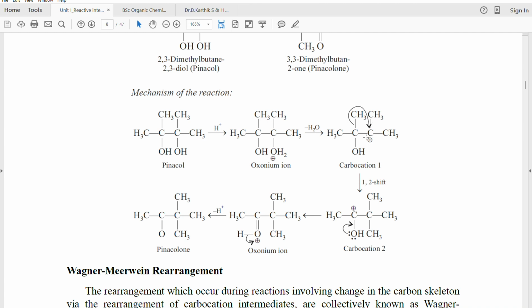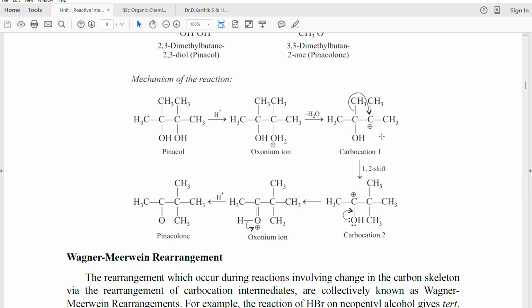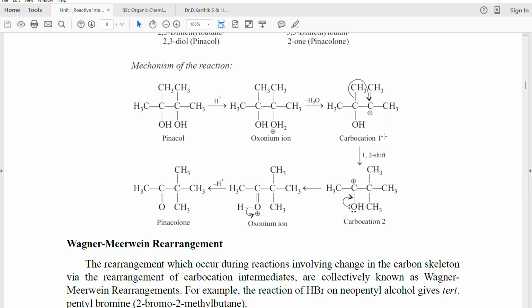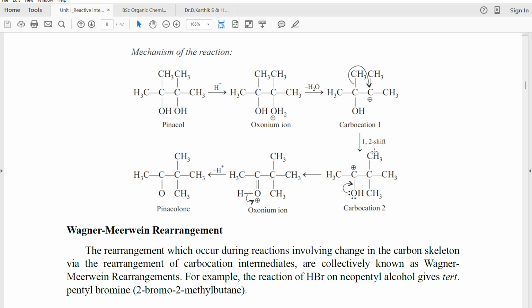Secondary? Oh no, tertiary, right? So it's a tertiary carbocation, right? And in order to stabilize it, it will move. You see, even though it is tertiary, there is a 1,2 shift here, because in the adjacent carbon we have an oxygen, right?